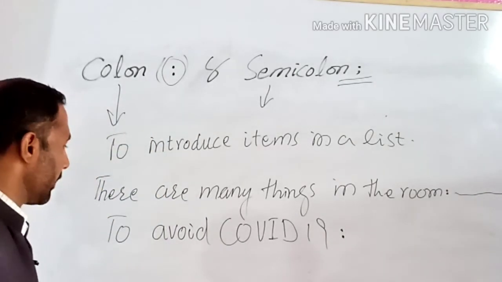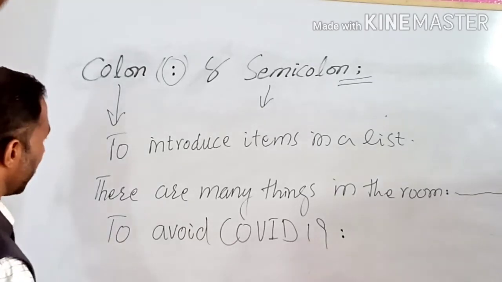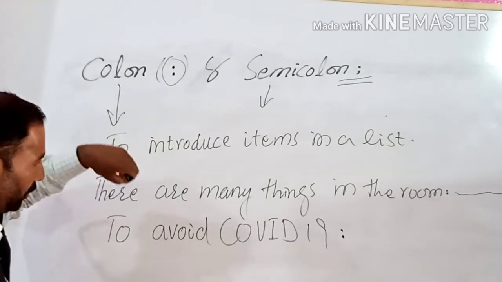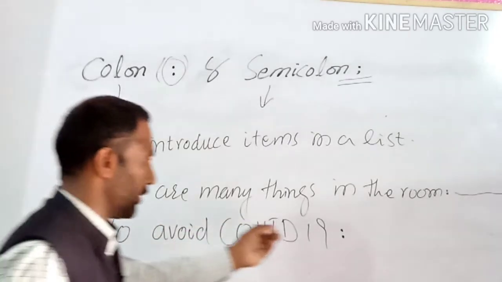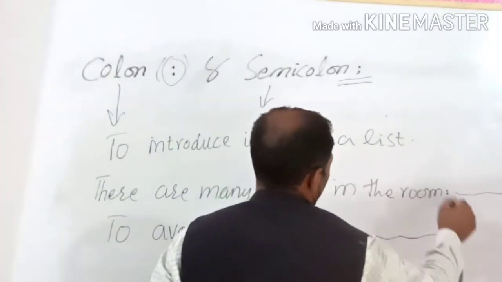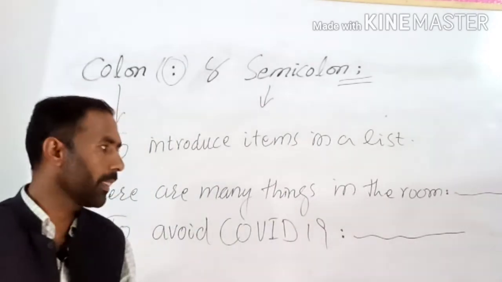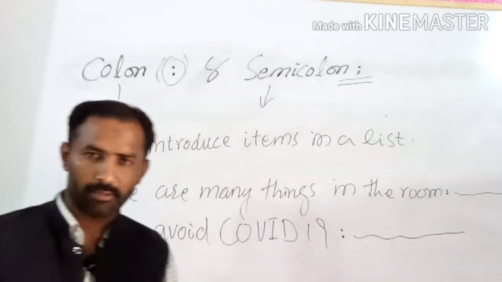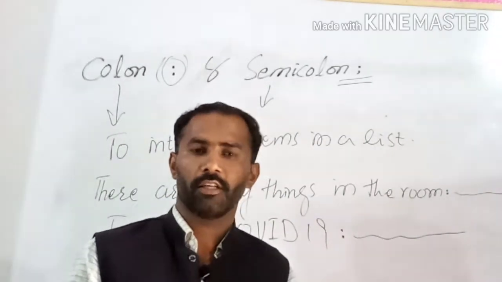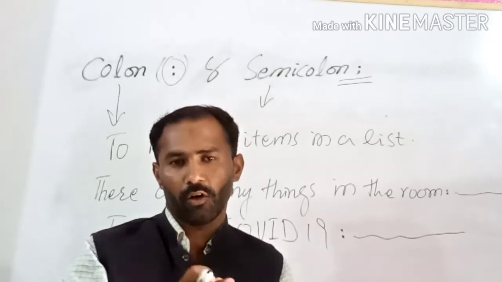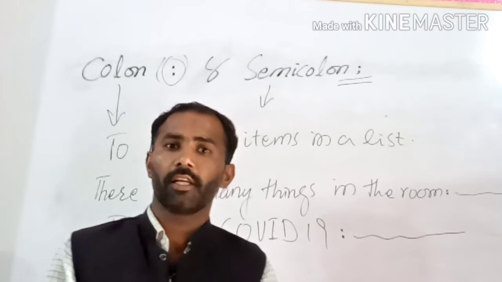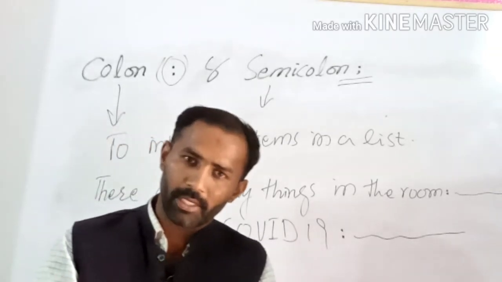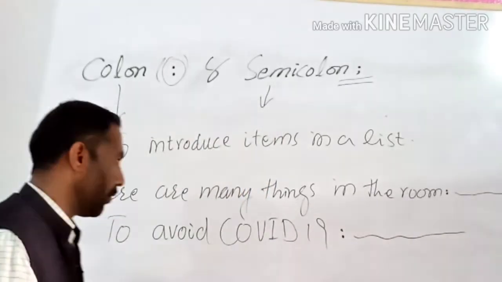So I was describing the use of colon. The second example I gave you, that we would describe here the precautions, the instructions. If we take another example, if you are driving your car, if you are driving your bike, then follow the traffic rules. After this we would use a colon, because we are going to give information after this.